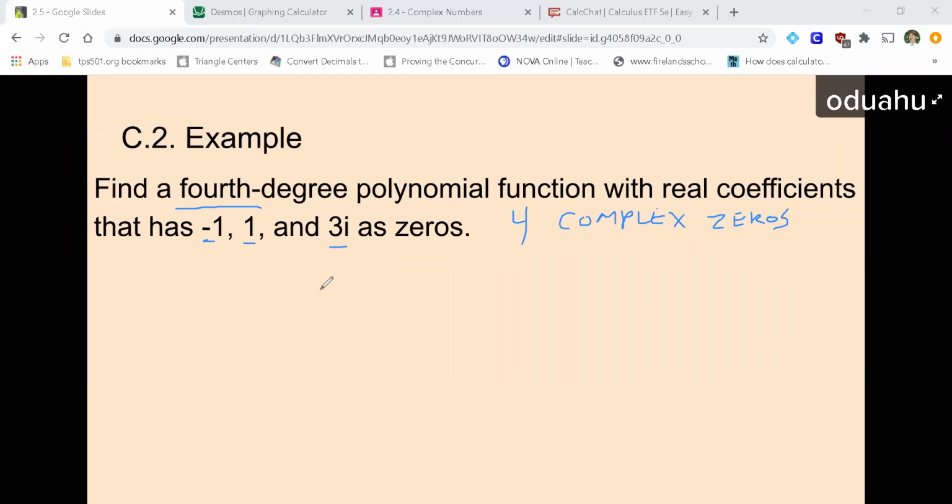Or do they? If 3i is a 0, which you could write as 0 plus 3i, if you want to think of it like that, then 0 minus 3i must also be a 0.